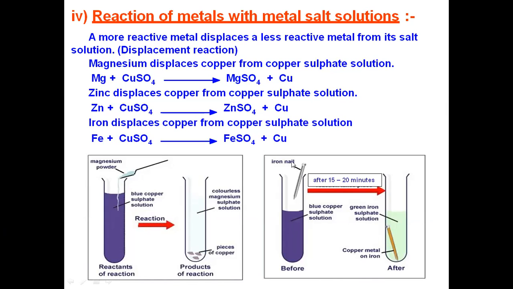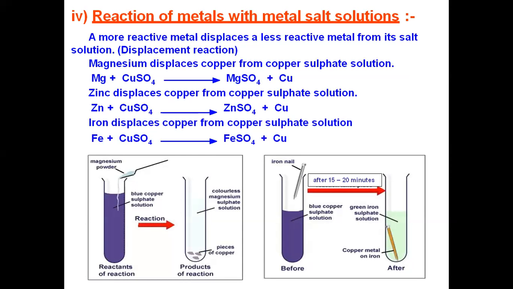The same we can also consider by dipping an iron nail in the reaction mixture, that is copper sulfate. After leaving it for some time, we can see that the solution color changes to a little bit green. Since iron is more reactive, iron will take the place of copper, and the copper remains as such.